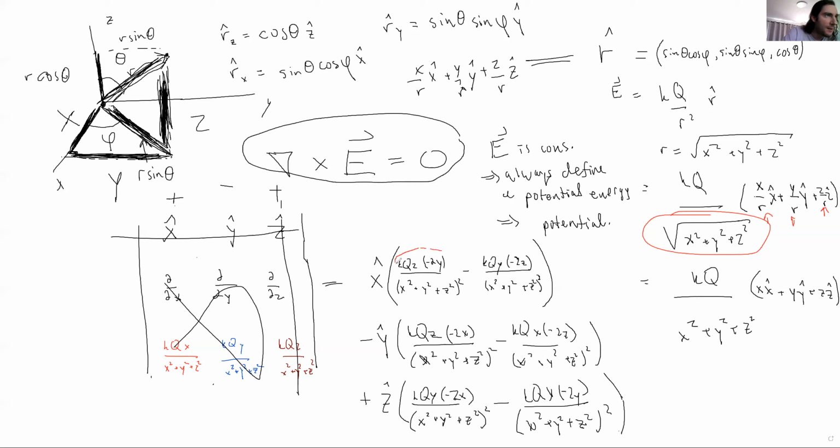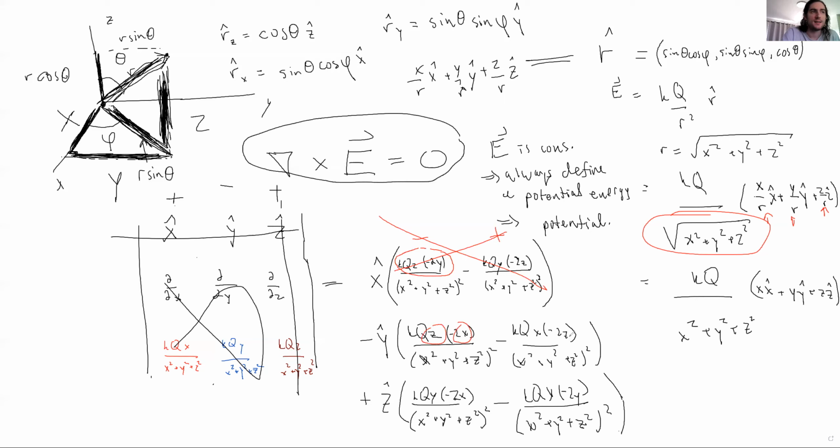We have a minus 2 kq z times y minus, again, kq and then y minus 2 times z. So this term is negative, this term is positive. They both have a y and a z in the numerator. The denominators are the same. This term is 0. How about this term?